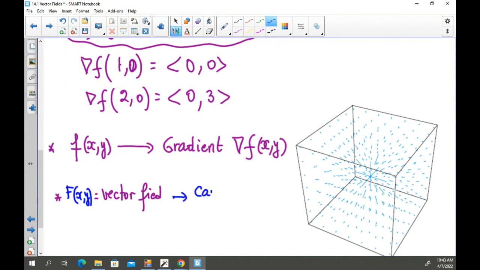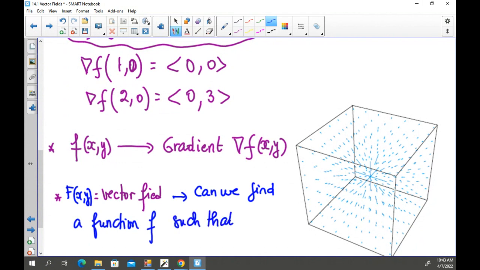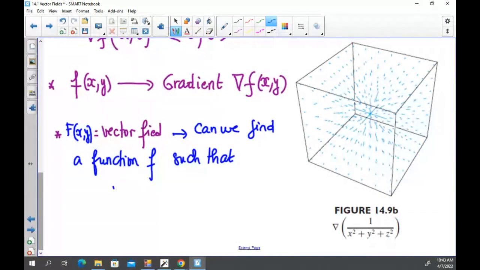Can we find a function small f such that the gradient of f is exactly equal to this function F of (x, y)?